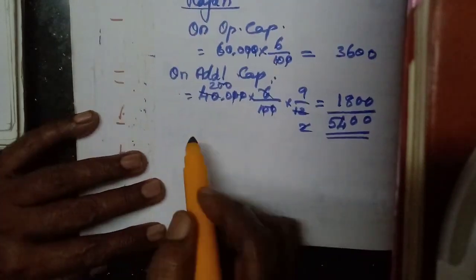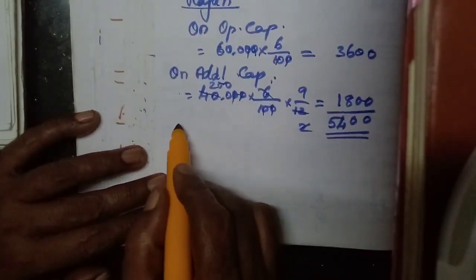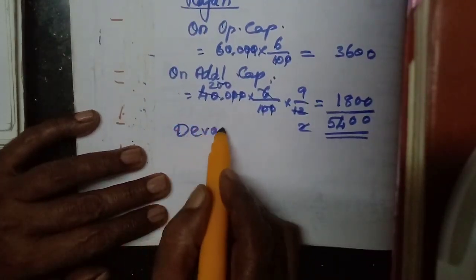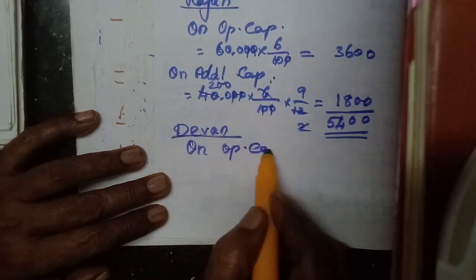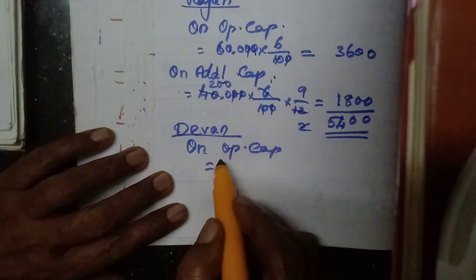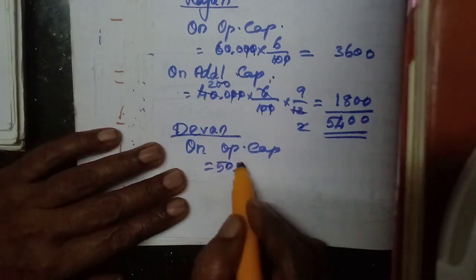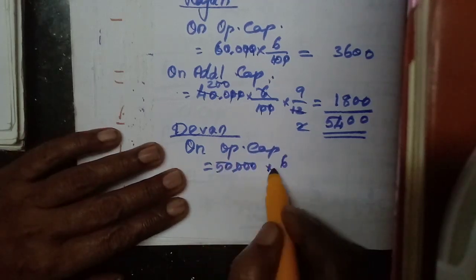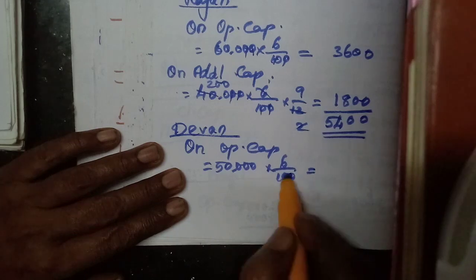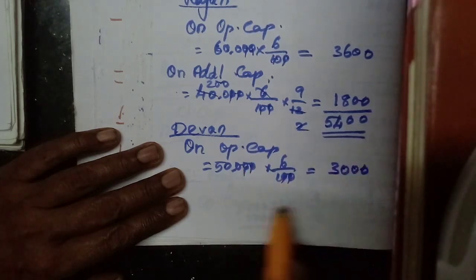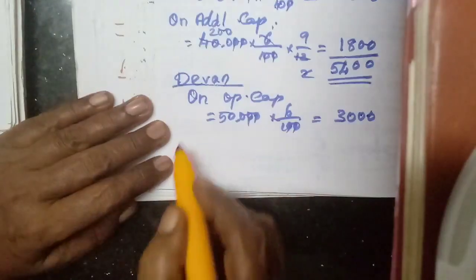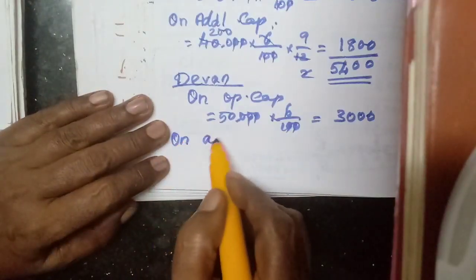Okay, then the next partner, Devan, on opening capital. Opening capital is 50,000 for him into 6 by 100, that is 3,000. Next one, on additional capital.